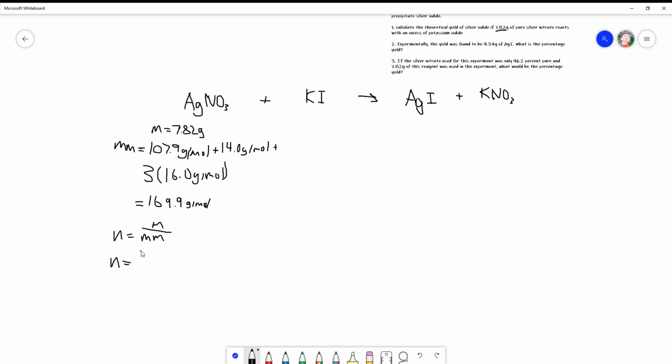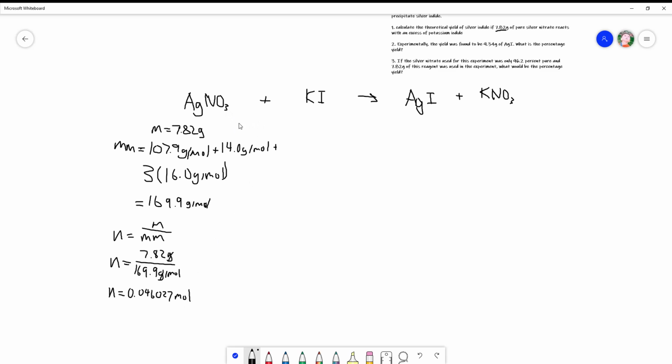So we take 7.82 grams over 169.9 grams per mole. The grams cancel each other out, and we get a total of roughly 0.046027 moles.